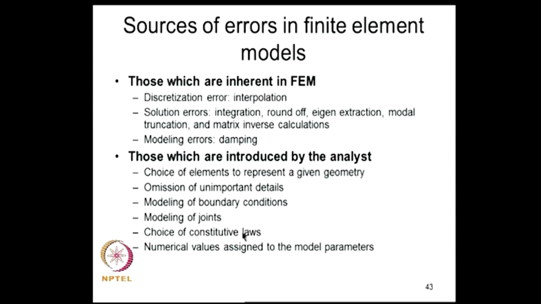Then choice of constitutive laws, we often make assumptions of homogeneity, isotropy and so on and so forth, how far they are valid. Then numerical values assigned to the model parameters, these are the decisions that the analyst makes. The analyst has options to make more and more refined models to deal with each of these issues, but in any given situation some choice will be made.